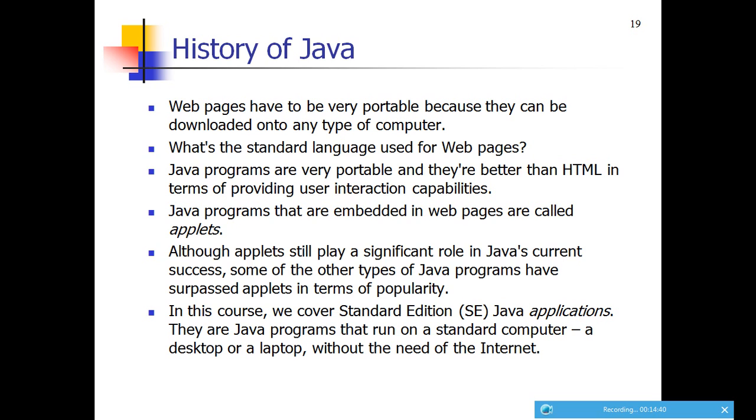Java programs are very portable and they are better than HTML in terms of providing user interaction capability. Java programs that are embedded in a web page are called applets. Although applets still play a significant role in Java's current success, some other types of Java programs have surpassed applets in terms of popularity.